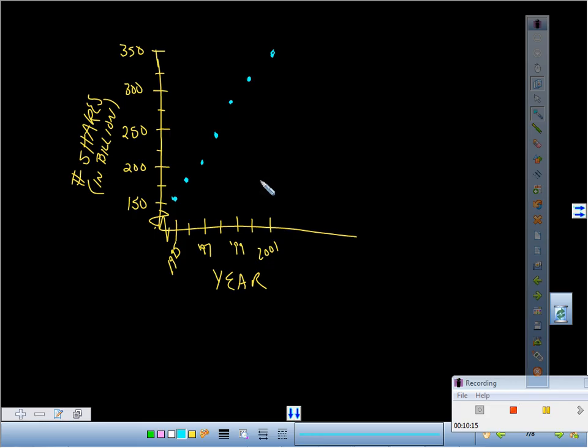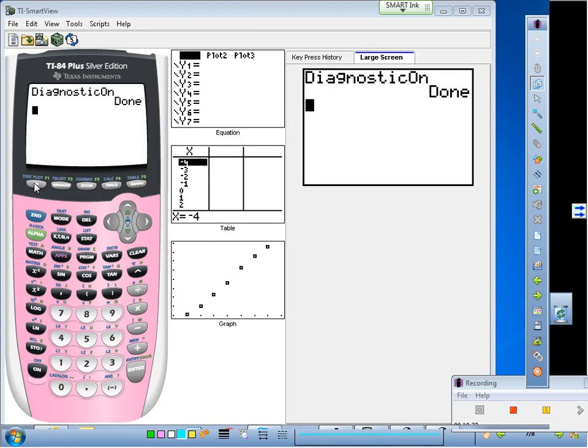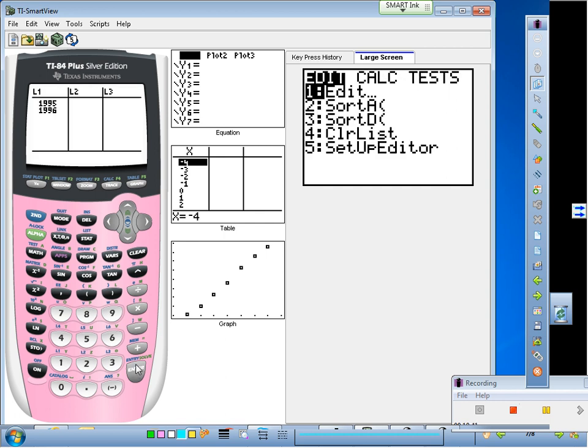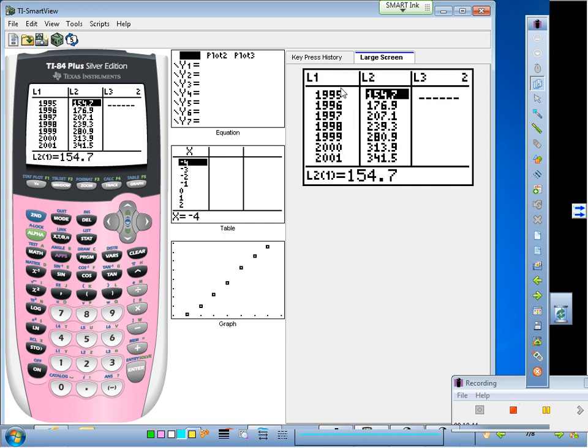So now we're going to do it on our calculator. Mine looks like it's curved too. Okay. So on our calculator, I'm going to go to Stat and what? Edit. Okay? You're going to put your X's in list 1 and your Y's in list 2.